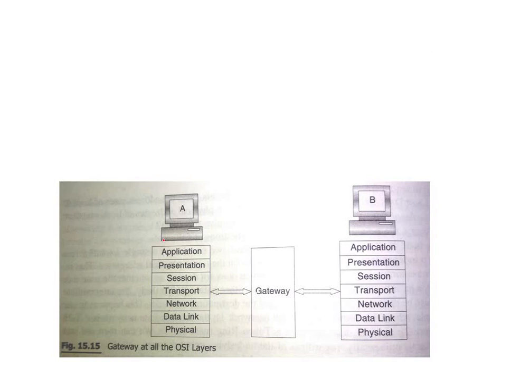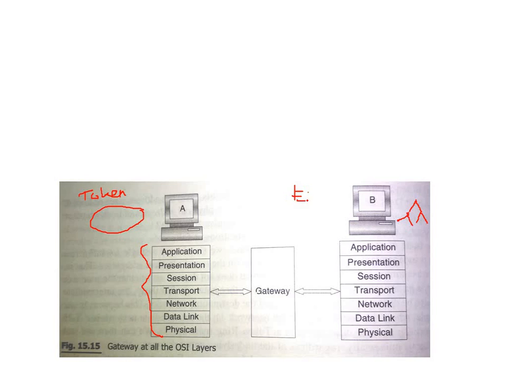I can see that this is a 7-layer model for this A device, and A device is having, let us say, a ring topology, and this is having, say, a star topology or tree topology. This will obviously be working on a token ring type of protocol, and here it will be working on Ethernet.